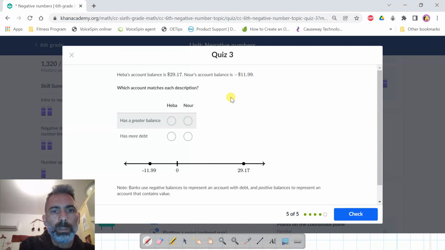Hiba's account balance is $29.17. Noor's account balance is negative $11.99. Which account matches each expression? Has a greater balance. Okay, Hiba, because Hiba's balance is positive and Noor's is negative. And Noor has more debt because although the absolute value is less than Hiba's, the balance is negative.